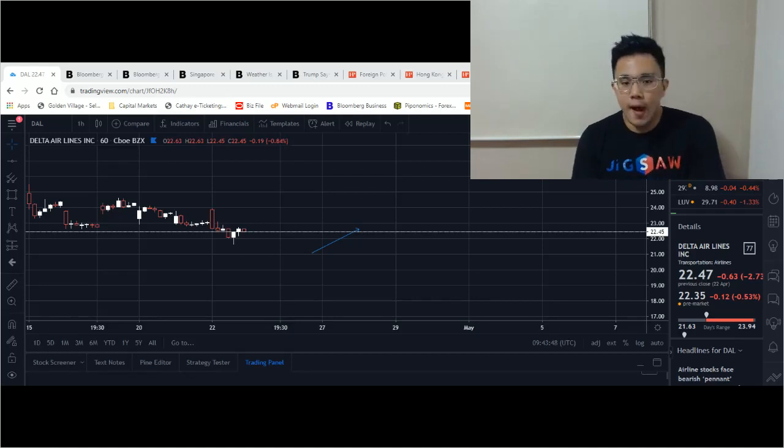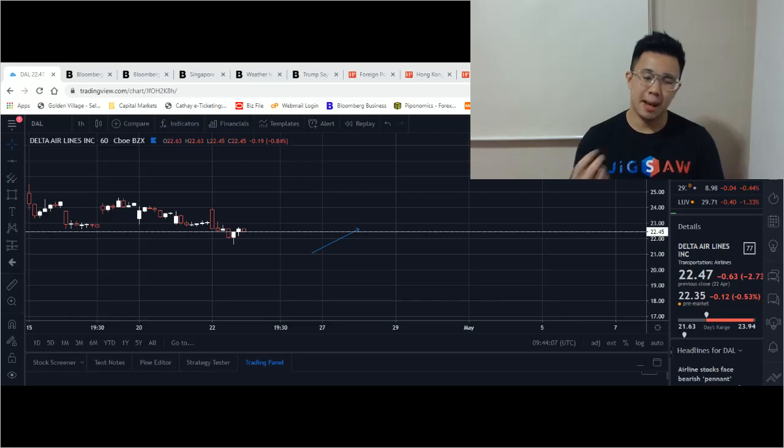Now, the triple R is an extremely important indicator for any trader because not all of us have 100,000, a few hundred thousand, or even a few million to trade the market. Therefore, before we go into the market, we need to make sure that every trade we go into has maximum upside and minimum downside.